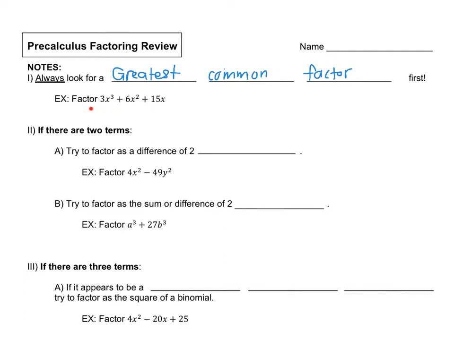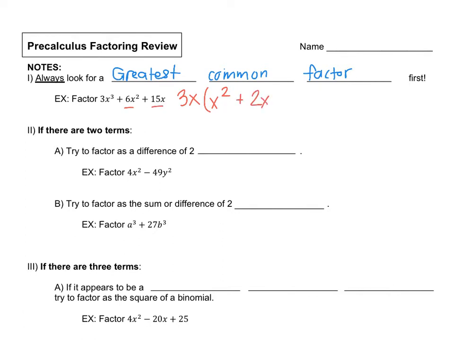Looking at this example, 3x cubed plus 6x squared plus 15x, each of those terms has an x, and each of those terms is divisible by 3. So that means I can factor out a 3x. Out of the first term, that leaves me with x squared. When I factor 3x out of 6x squared, I'm left with 2x.